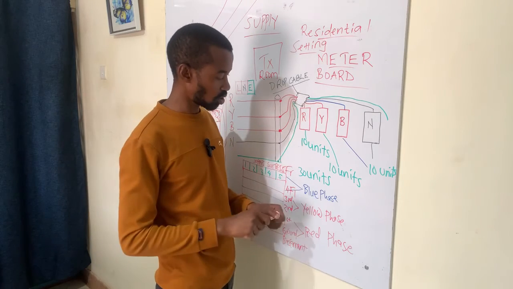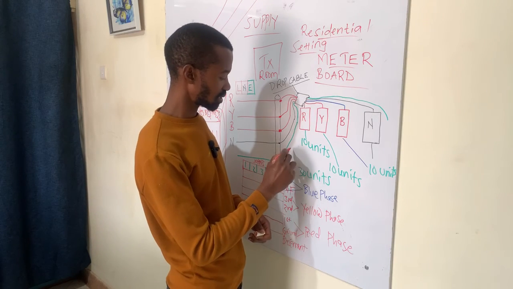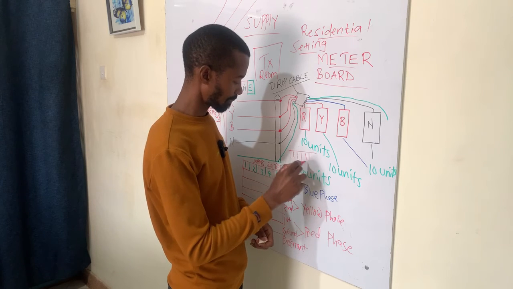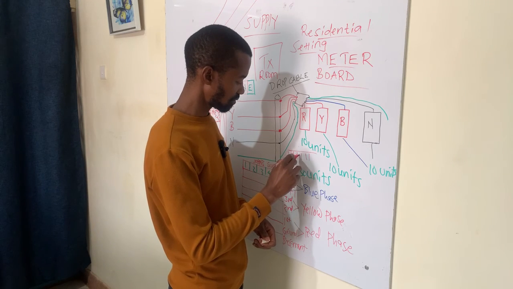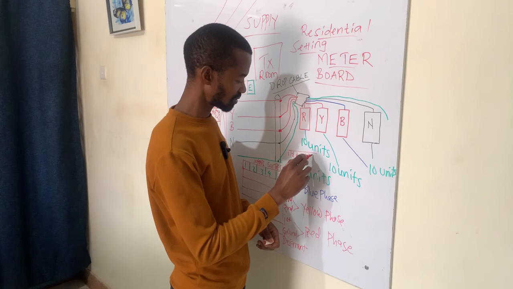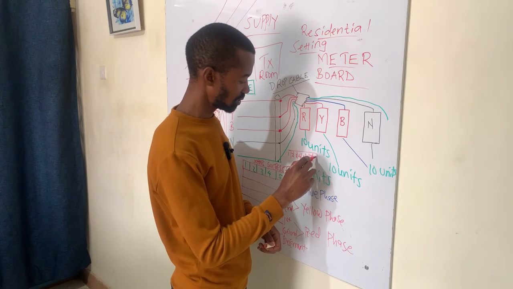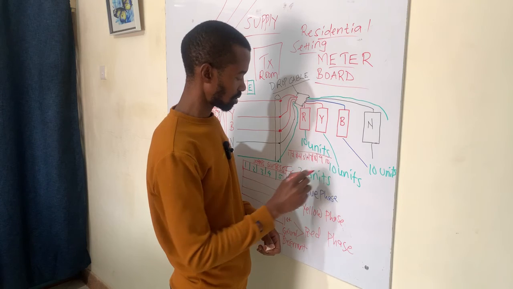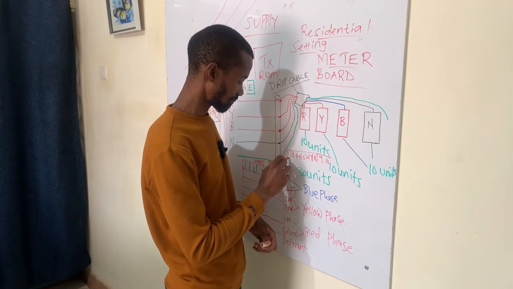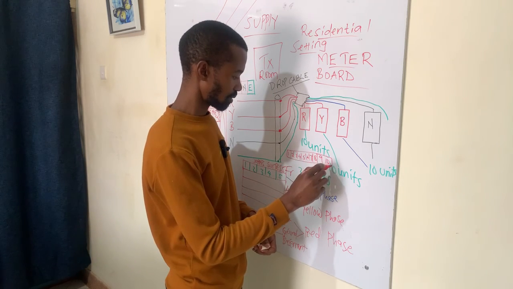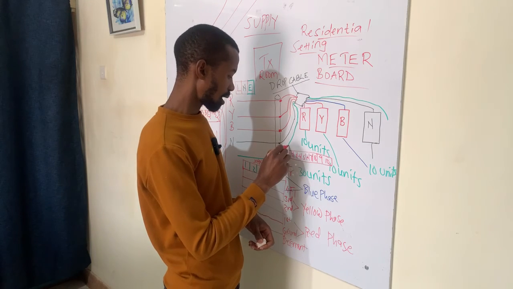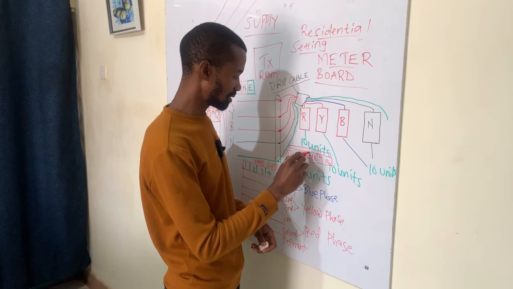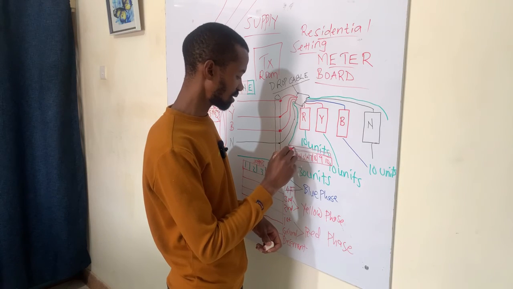So you will be able to organize your meter board such that you have 10 energy meters here. 1, 2, 3, 4, 5, 6, 7, 8, 9, 10. All right, so these are energy meters, and above here we have the DPMCBs, again 1 up to 10.